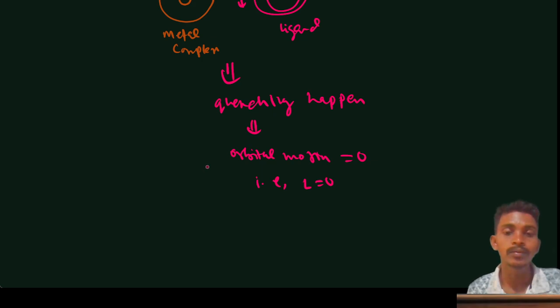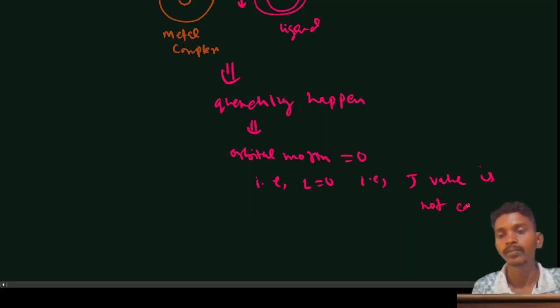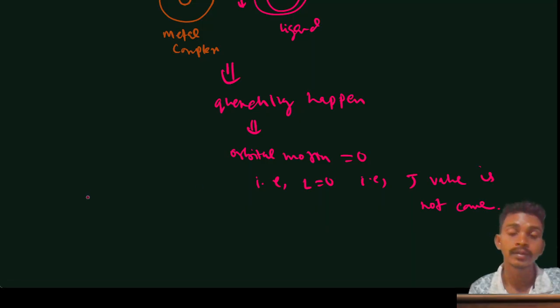It means the J value will not be there. For the lighter elements, the J value does not come. J is spin orbit coupling, so that spin orbit coupling we will not get for lighter elements.